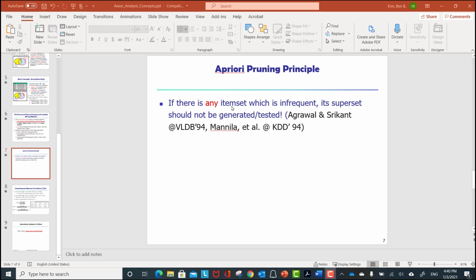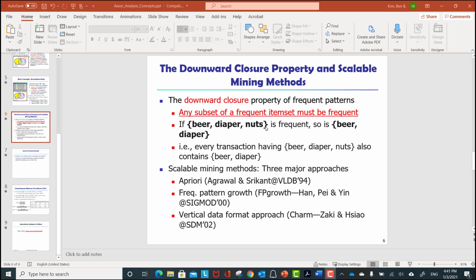If there is any item set which is infrequent, then obviously its superset would be what? Infrequent, right? So we know that. We don't have to actually generate or test it. That's a waste of time, right? So if there is any item set which is infrequent, all of its supersets should not be generated and tested.